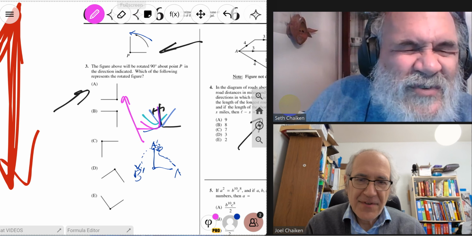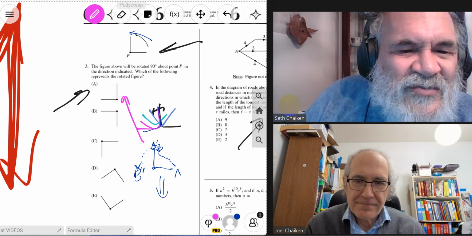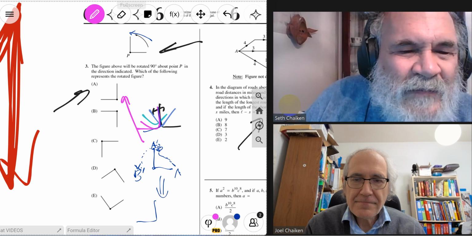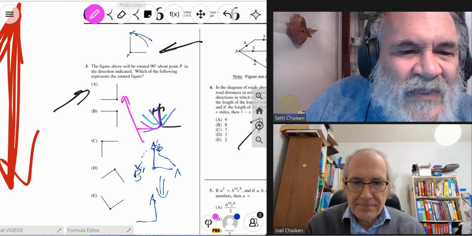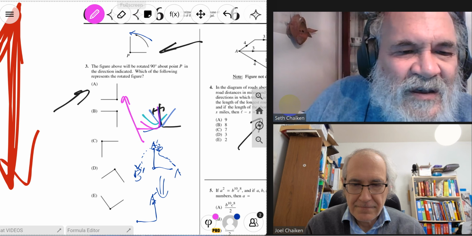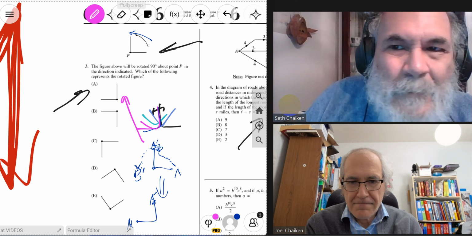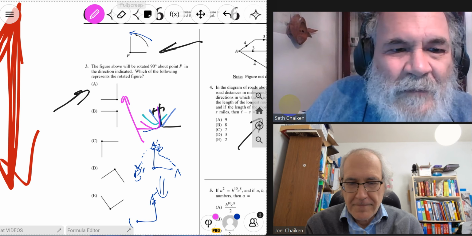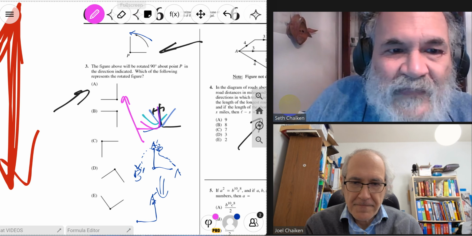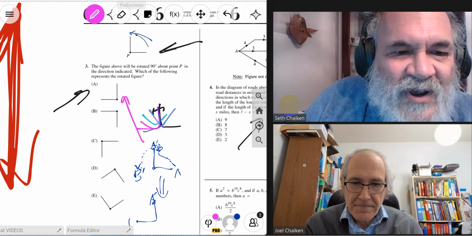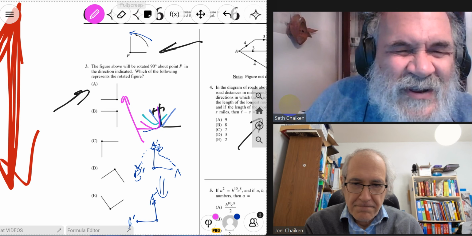So this figure gets transformed into this figure, where this point here is the transform of A, and this point here, which I use prime notation for, is the transform of B.